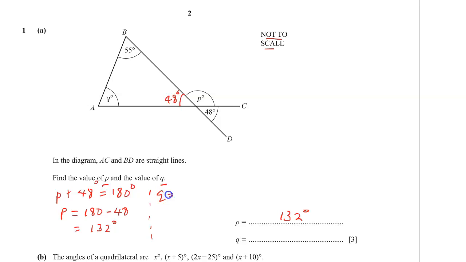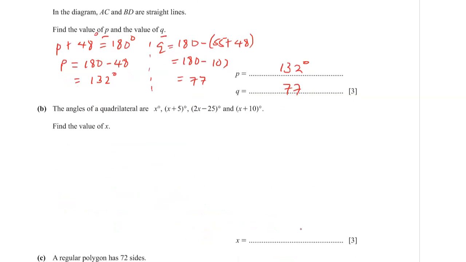So Q is equal to 180 minus 103, and this will give us 77. So Q is 77.